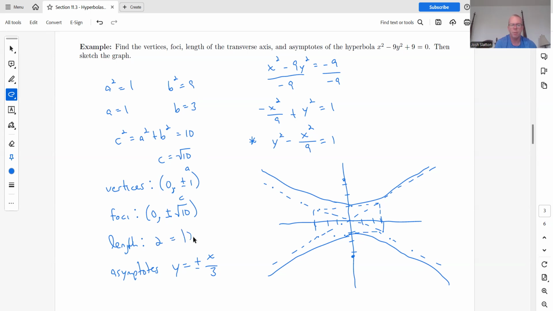This is the absolute value of 2a, and then this is always the y over the x as far as the denominators go. So you don't really go a or b because it depends on what direction it goes.